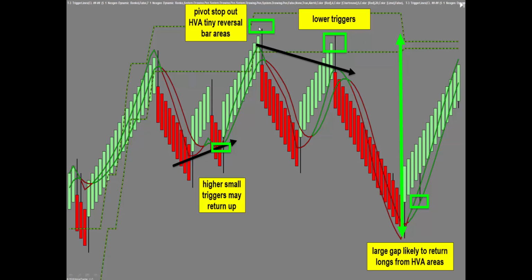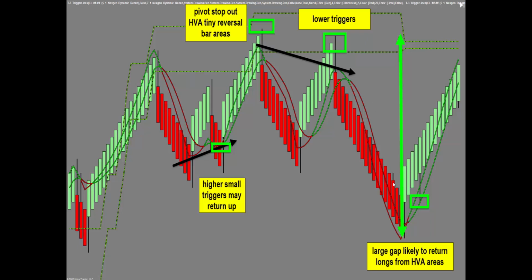Now, I want you to recognize also higher small triggers with our synthetic triggers still up and the market goes up, and we get a pivot stop out and maybe a potential reversal bar to the downside. When we pull back up for the retracement, notice how much lower the triggers are here than they were the first time. So this is where if you were short, you'd still maintain your short.